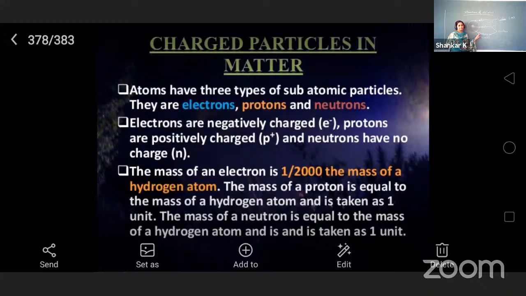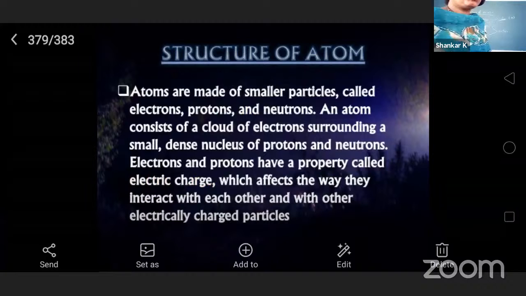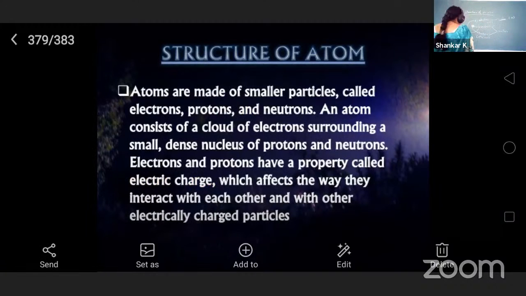Both are the same, and it is given as 1. So what is the atomic number of hydrogen, students? 1. The molar mass is also 1. Okay. Now we come to the structure of the atom.